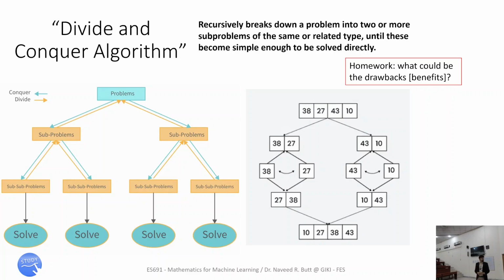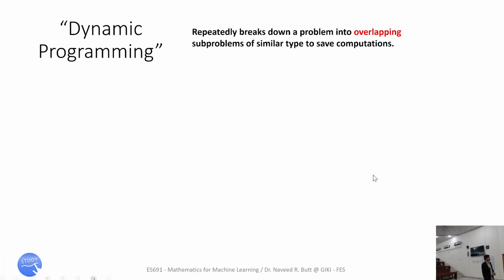So divide and conquer algorithms divide the problem into several sub-problems and solve those problems, okay? Then there is dynamic programming. What is that? It also does what divide and conquer does, but even more smartly. It divides the problem into overlapping sub-problems to save computation.